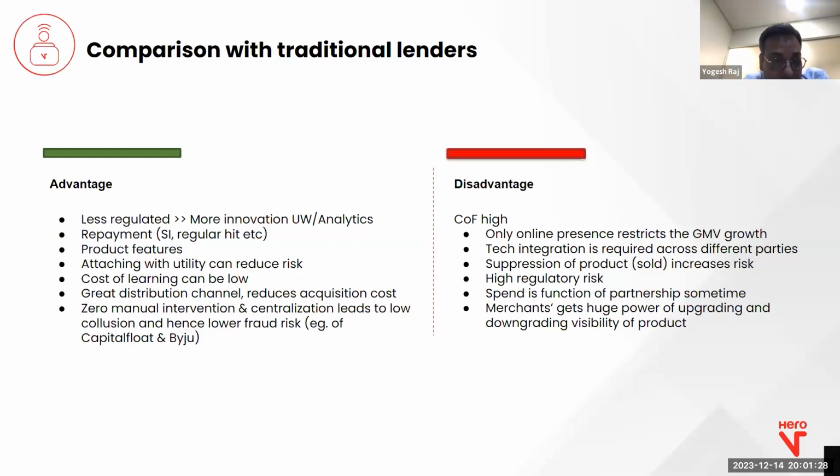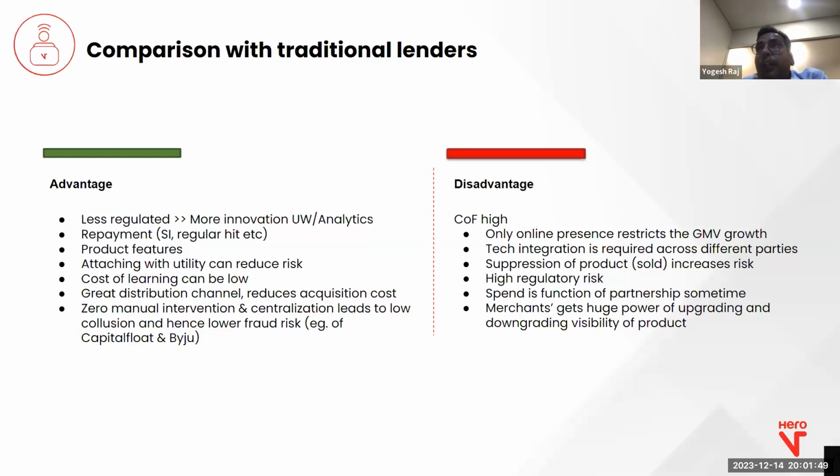Another advantage is that most fintechs try to have zero manual intervention. If you allow lots of manual intervention, then many a time even employee fraud happens. I'm not sure you guys are aware of it or not.